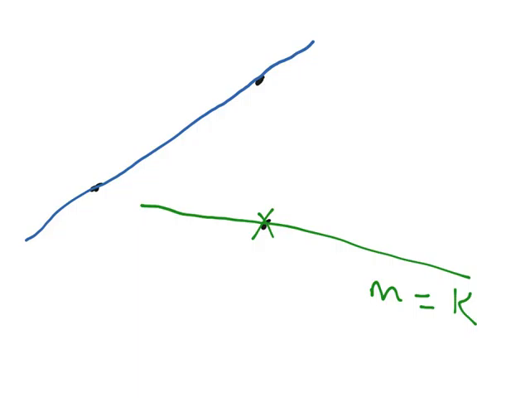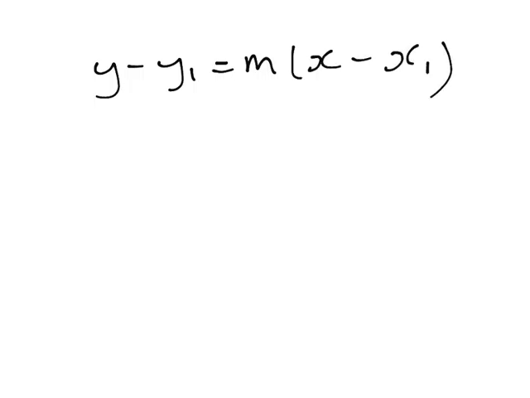So what we're saying is, if we have either this situation here or that situation there, either one is enough to determine the equation of a line. Let's take the first scenario we're looking at. We're given a point and a gradient. So the equation we're going to use all the time now is y minus y1 equals m times x minus x1.